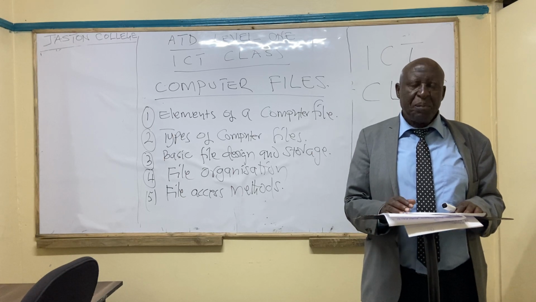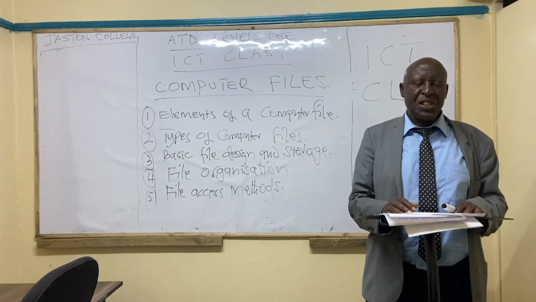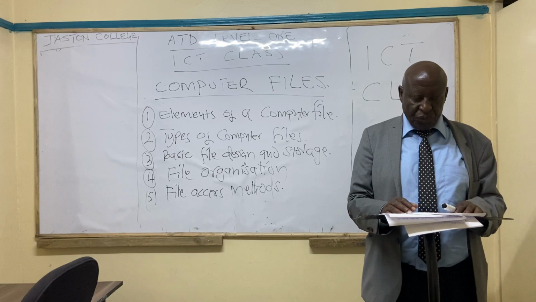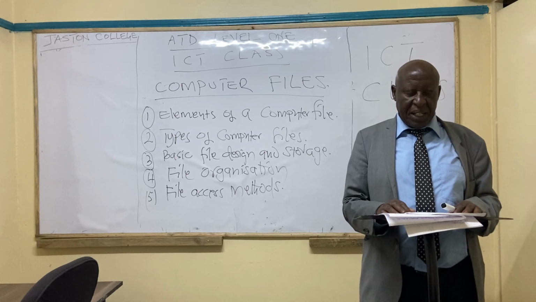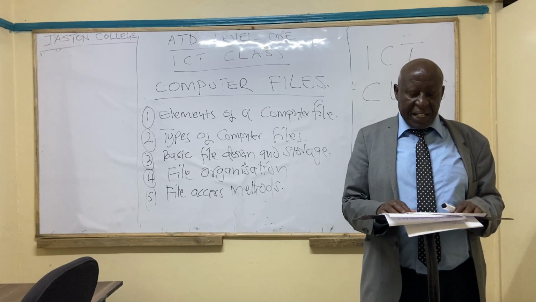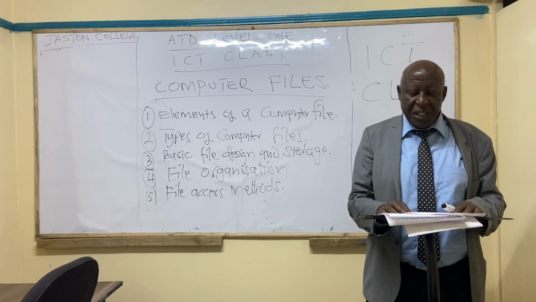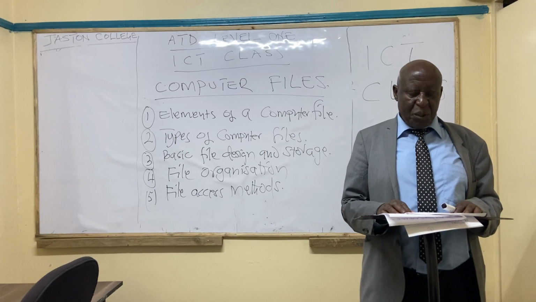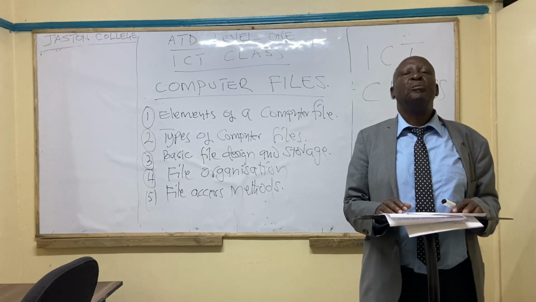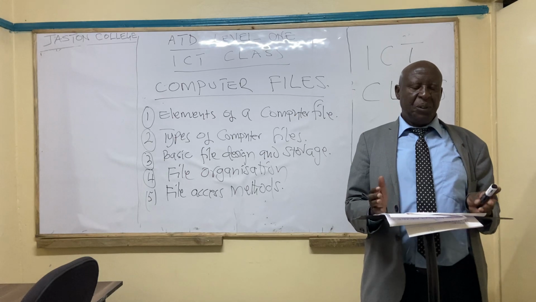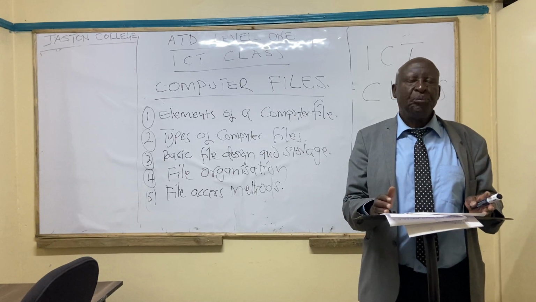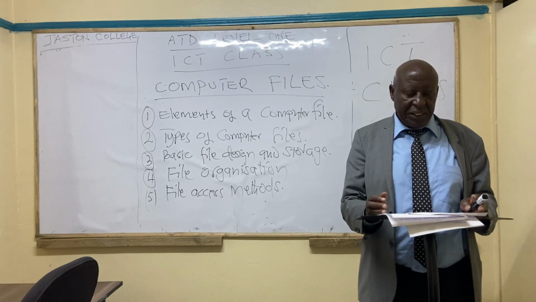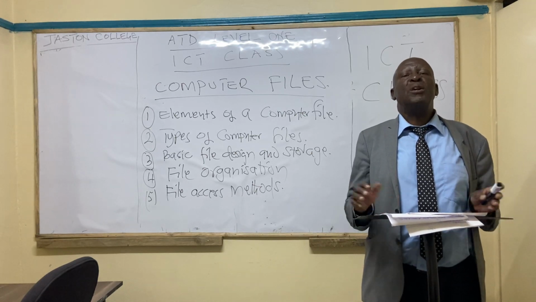A file can also be accessed at random. For example, an individual address can identify memory locations, e.g. random access memory, RAM. So, we can access files either sequentially, directly or randomly.